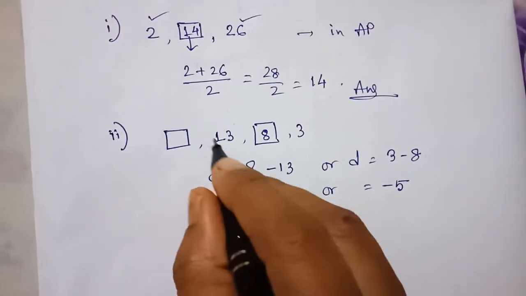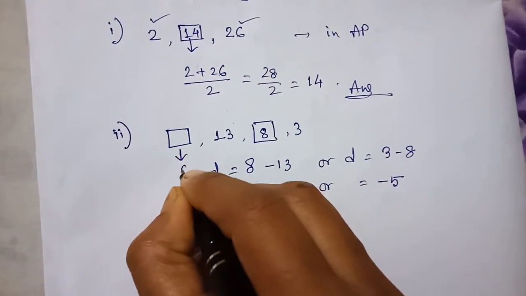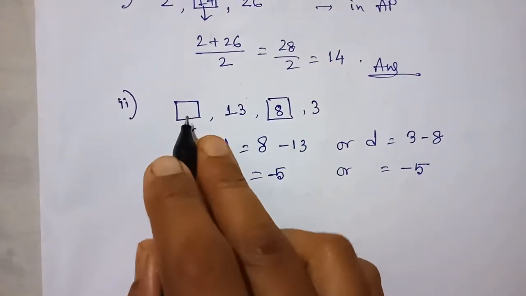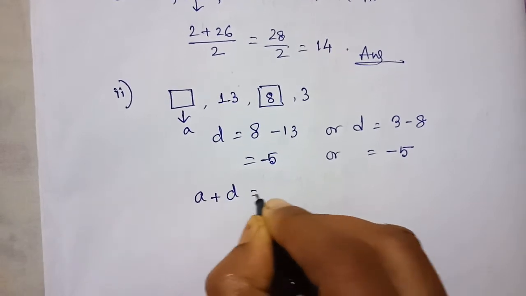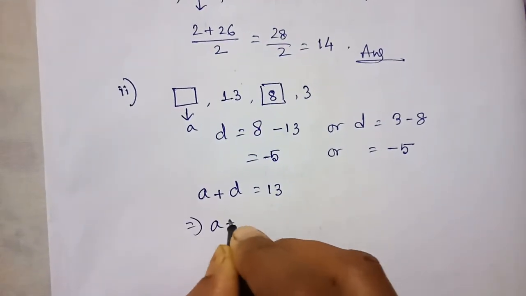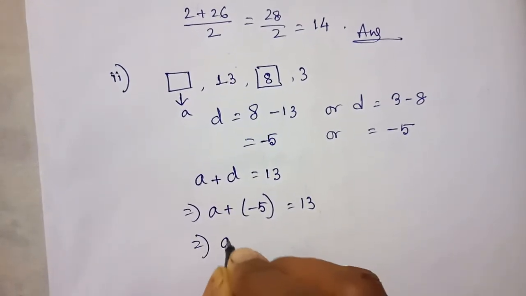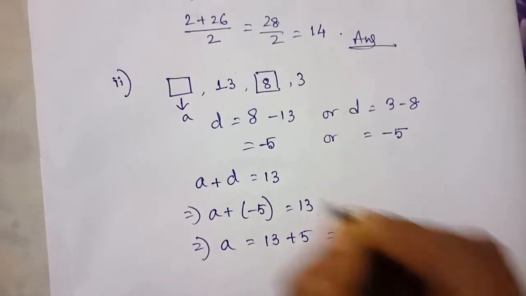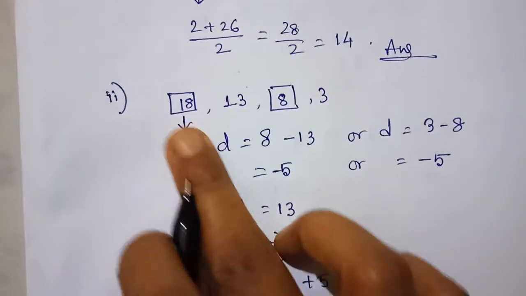That means d equals minus 5. Suppose this first term is a, then a plus d equals the second term, that is 13. A plus minus 5 equals 13. That means a equals 13 plus 5, so it's 18. Finally we can put 18 in this box.